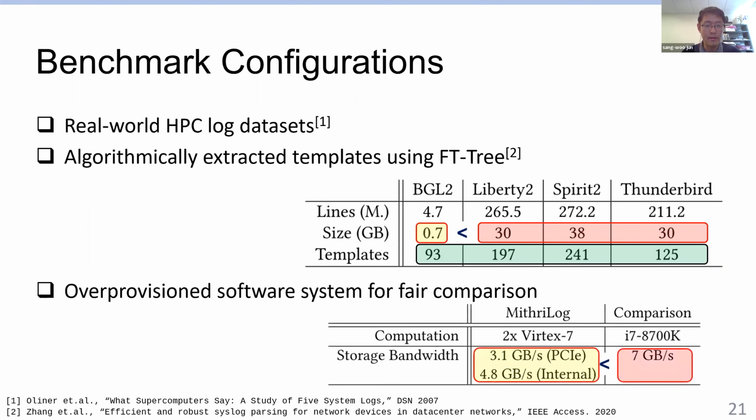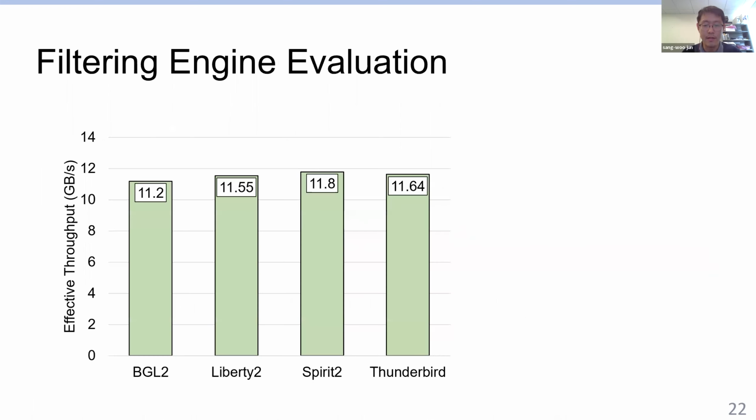And to do a fair comparison for cost and other things, we also over-provisioned the software system with better storage bandwidth, to give the benefit of the doubt to the software system. They were provided 7 gigabytes per second, significantly higher storage bandwidth than the FPGA system.